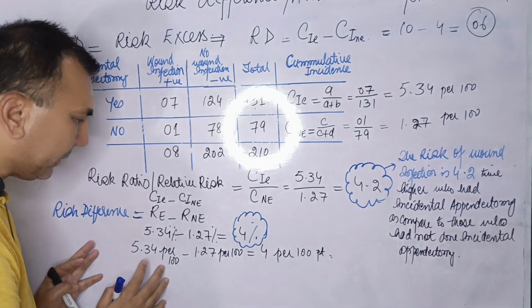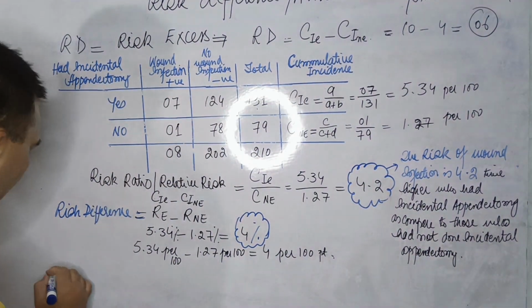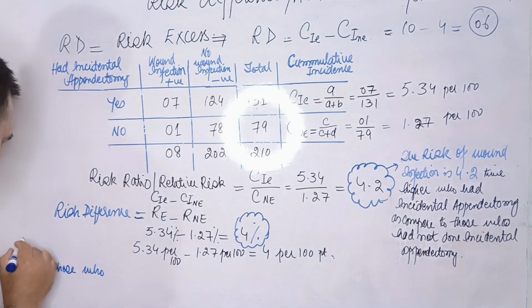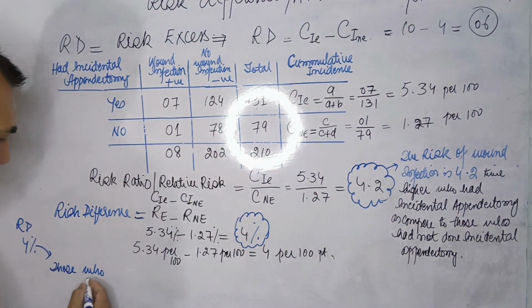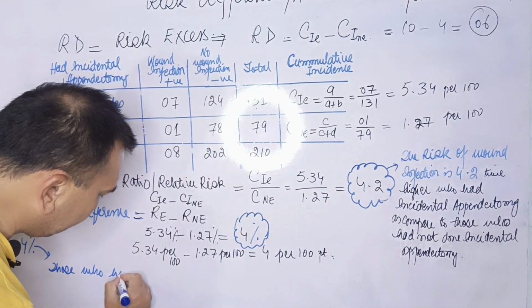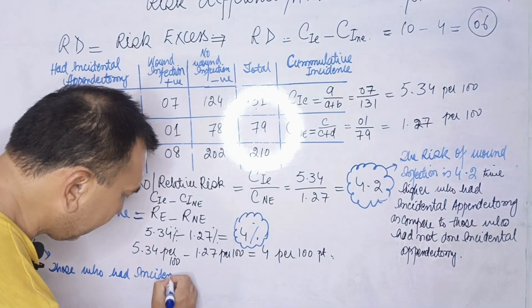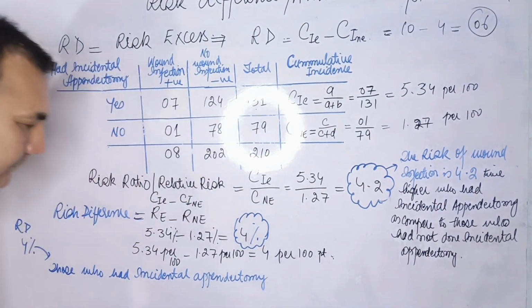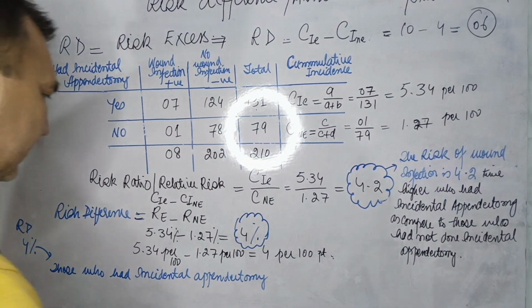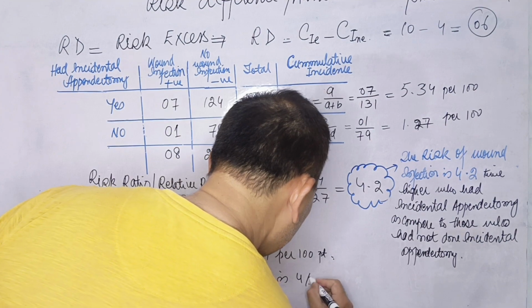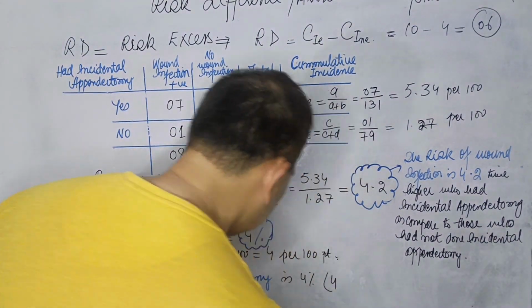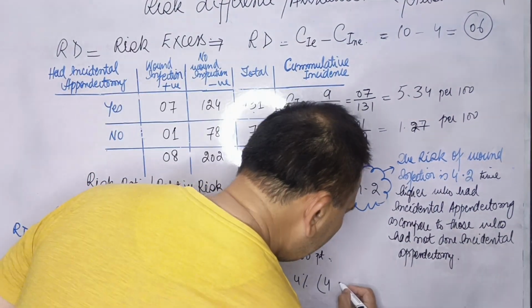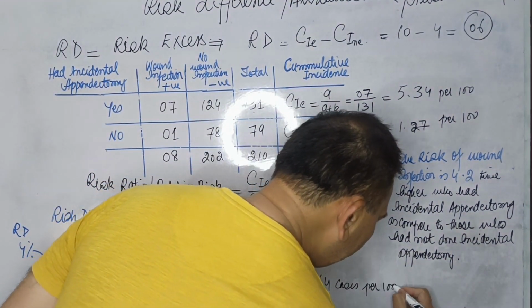The interpretation for this risk difference, the 4%, is that those who had the incidental appendectomy is 4%, or 4 cases per 100.